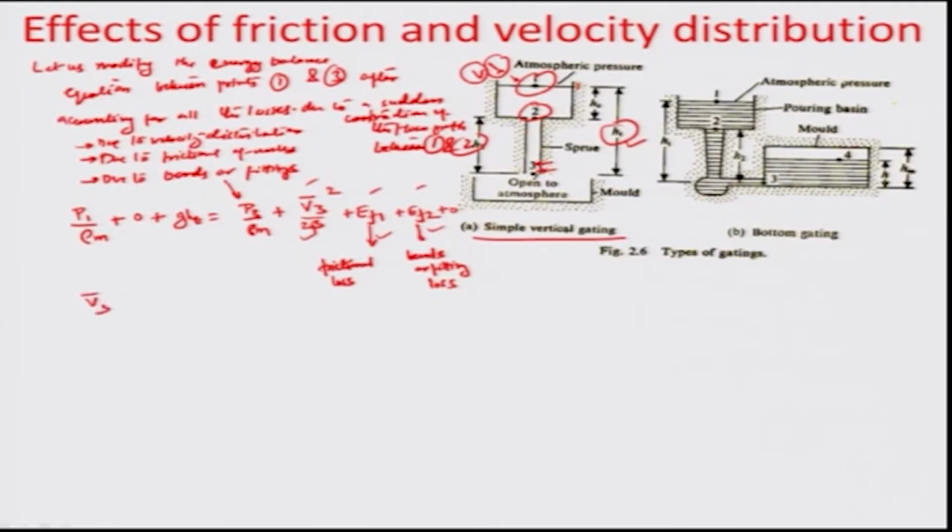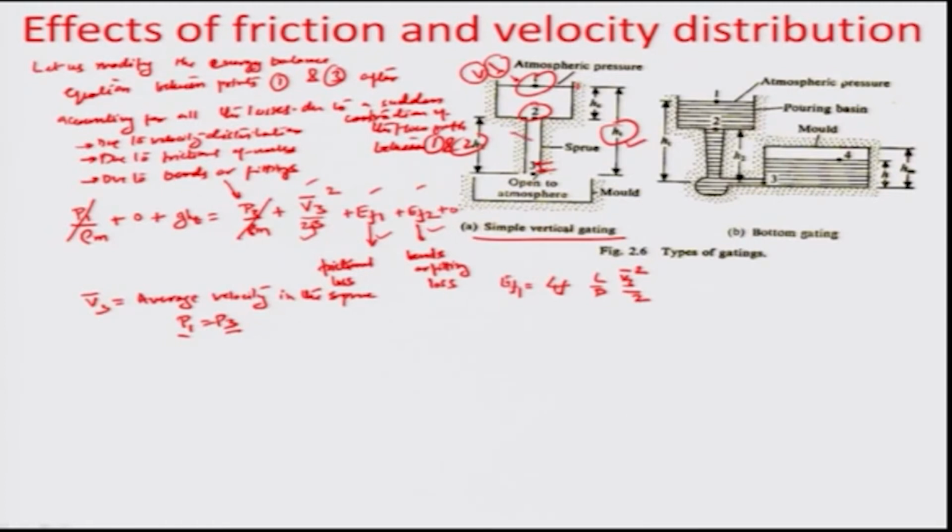V3 is really the average velocity in the sprue, and I also further assume that the mold is open to the atmosphere. So, P1 and P3 are similar to each other, because of which the pressure heads get cancelled out, and I can further write down the EF1 as the total amount of friction loss, which is actually given by 4f L by d V3 square by 2.